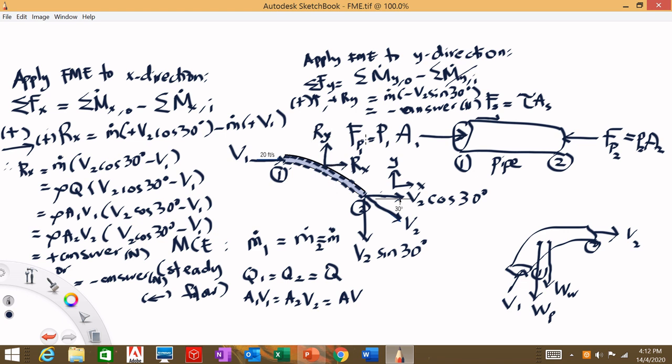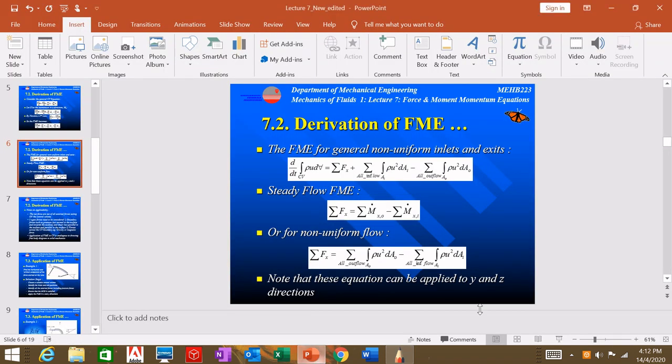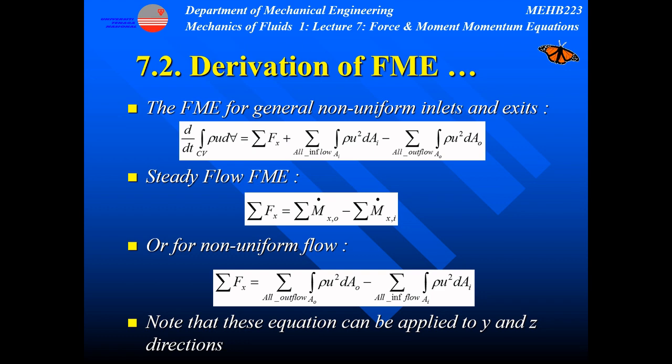So your assumption on the direction is incorrect, but the answer should be correct, the value of the magnitude.